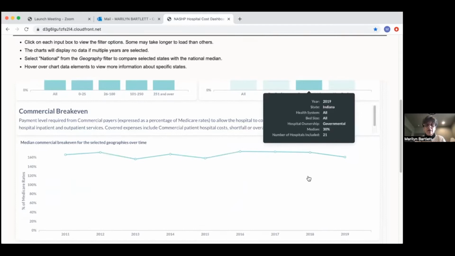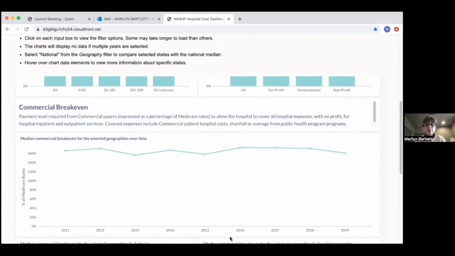And as we move into break even, now break even is the point at which the hospital revenue, what a commercial payer would have to pay a hospital to allow that hospital to break even, meaning the total revenues it received would equal the total expenses for that hospital.